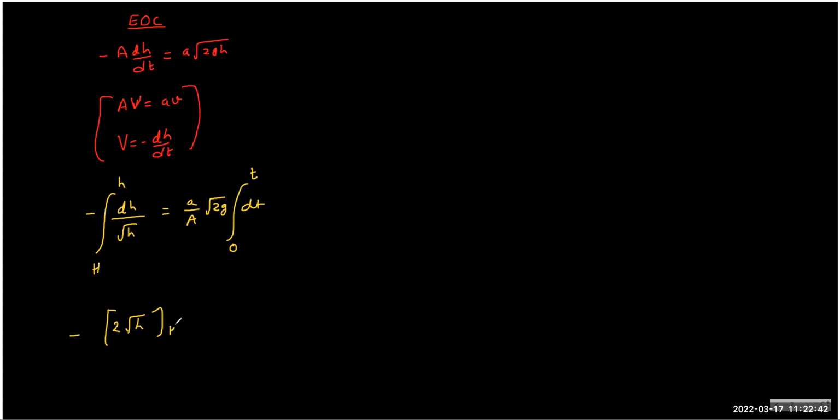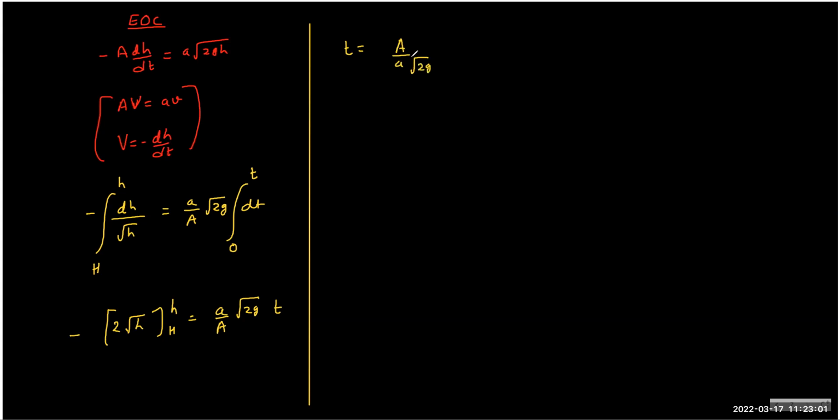This is from capital H. So the time t turns out to be a by a under root 2g, 2 under root capital H minus small h.